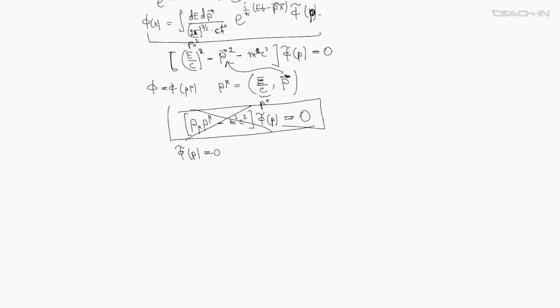So phi of x or phi of p, these are distributions on space-time. Another name for these distributions is generalized functions.